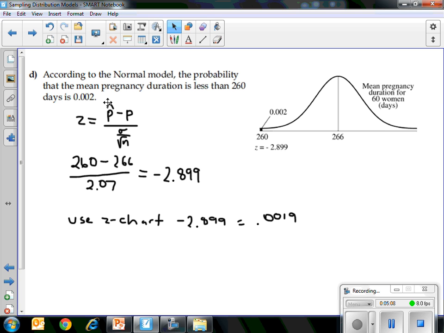So now we write this as our answer. Now we write a sentence of what that answer really means. According to the normal model, the probability that the mean pregnancy duration is less than 260 days is 0.002. Okay, so that's that type of problem.